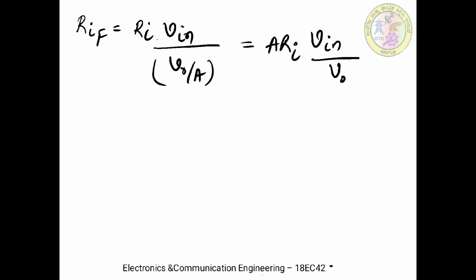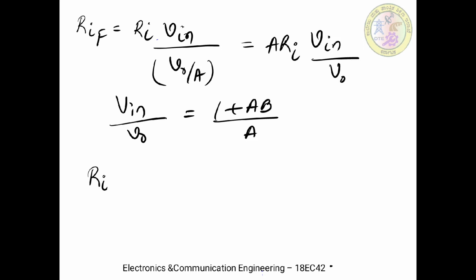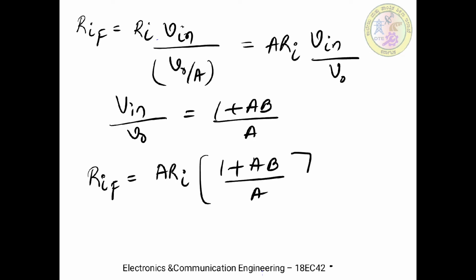So V in by V0 is nothing but, just take the reciprocal, 1 plus AB by A. Therefore, input resistance with feedback RIF is nothing but A into RI into 1 plus AB by A. Here A and A get cancelled.